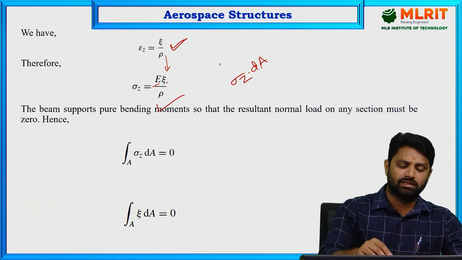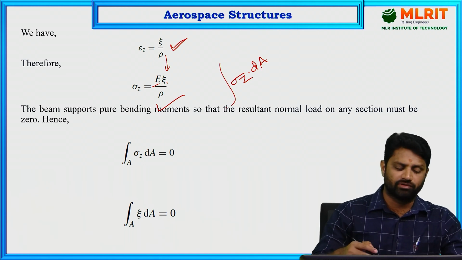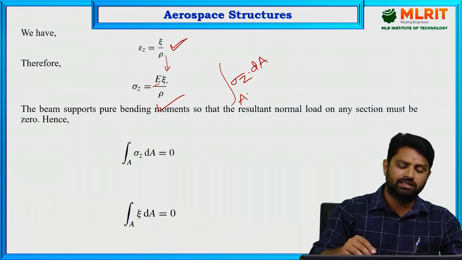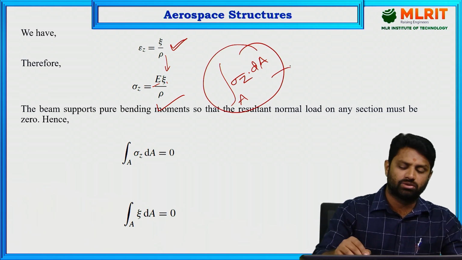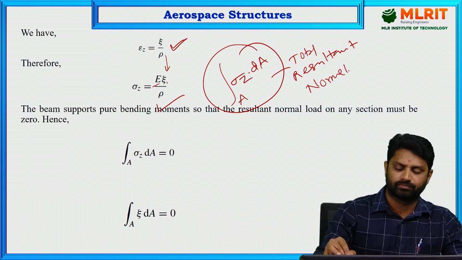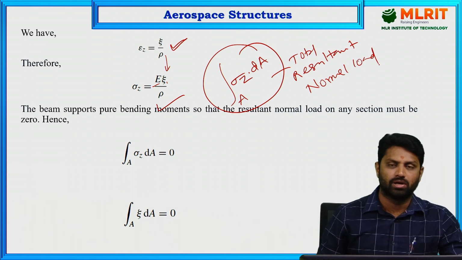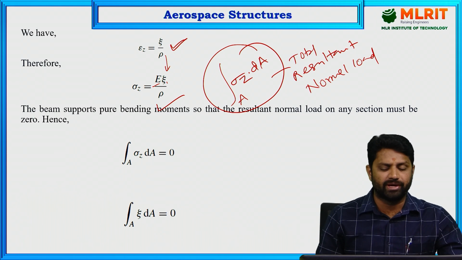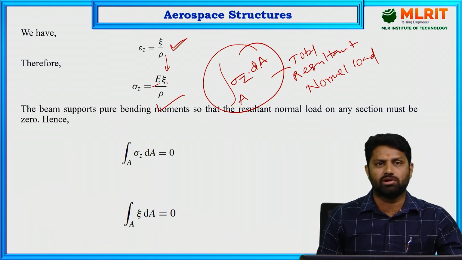To cover the total arbitrary section, you integrate it over area A, and this is the total resultant normal load. When you consider the concept of pure bending moments, the total resultant normal load must be 0.